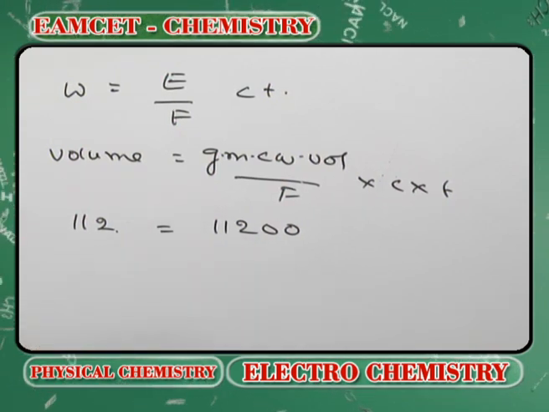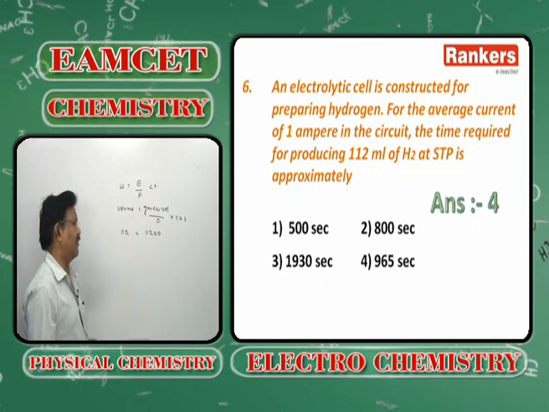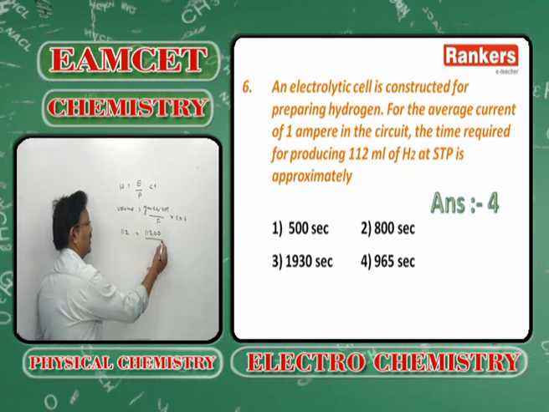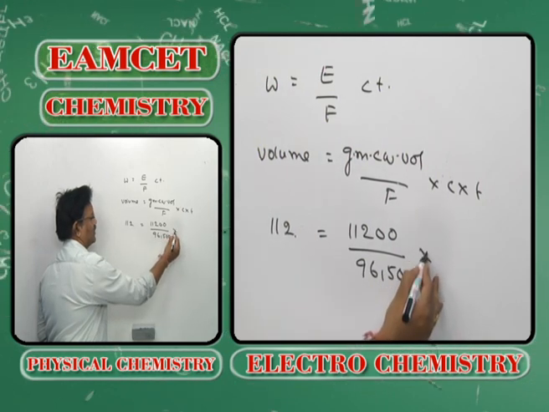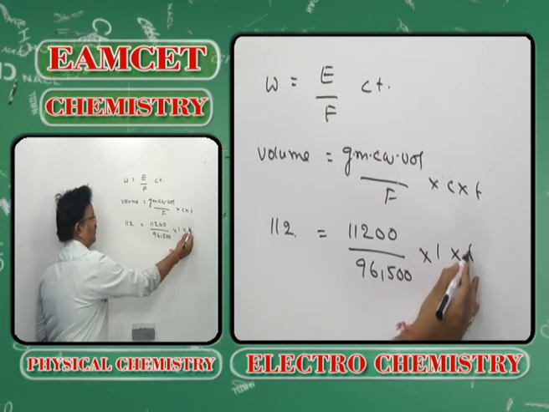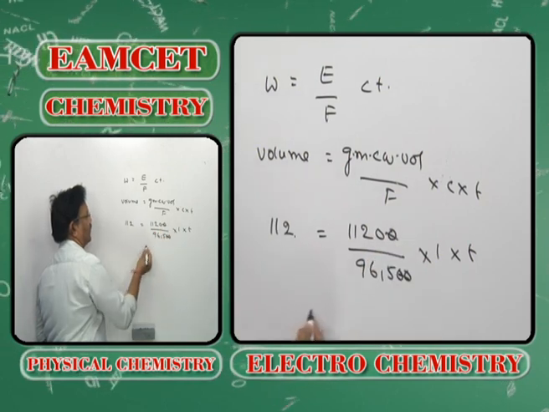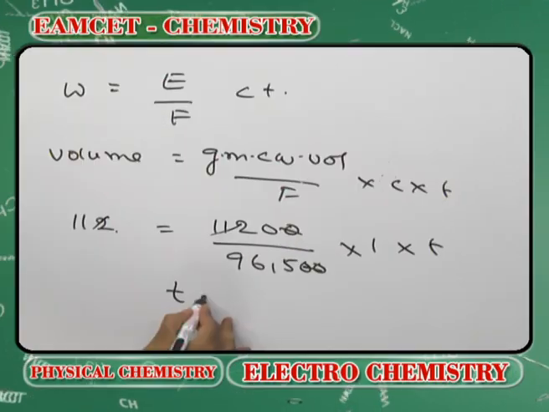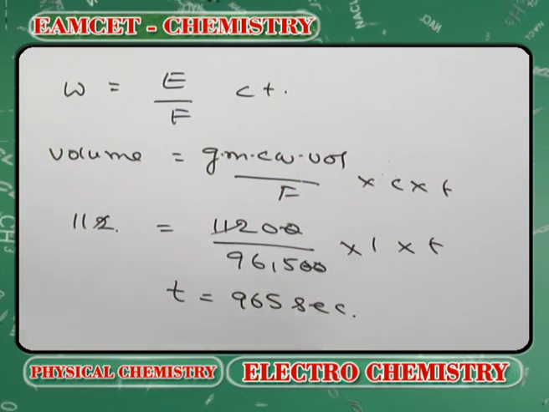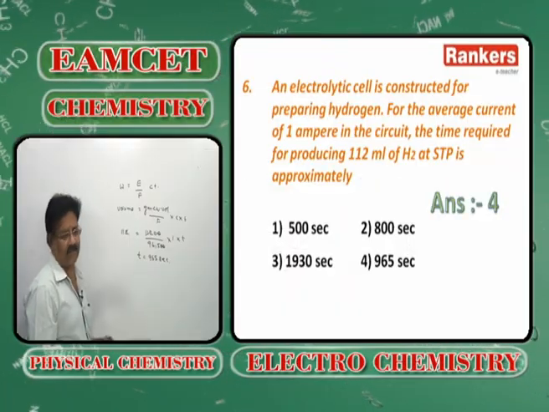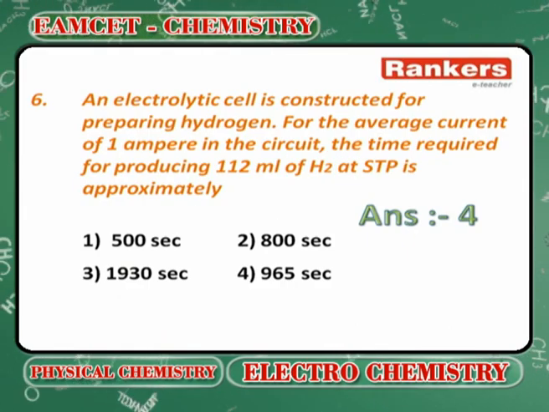So, gram equivalent volume is 11,200 by 96,500 into C. What is C value? 1 into T. So, T is equal to 965 seconds.